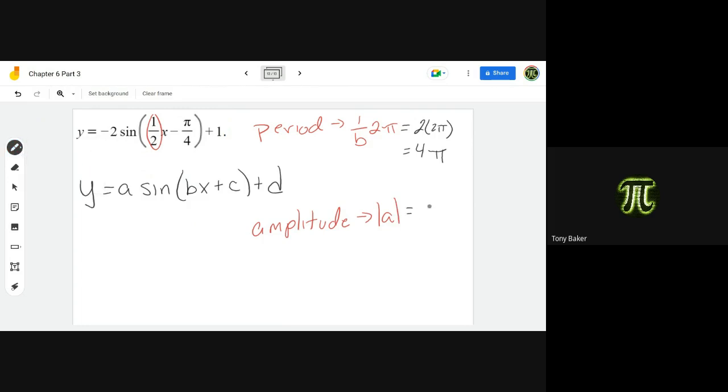So in this case, it is the absolute value of -2, which is 2. If there wasn't anything in front, it's just 1. So it's always the number before sine.